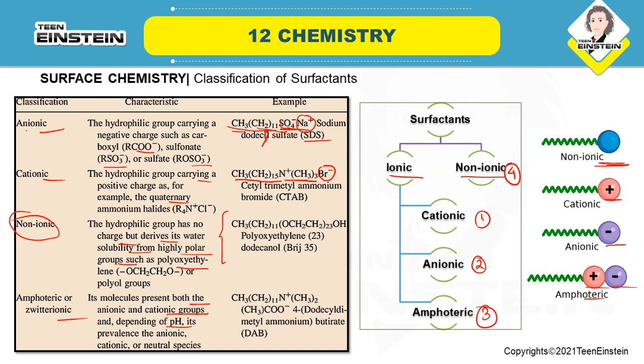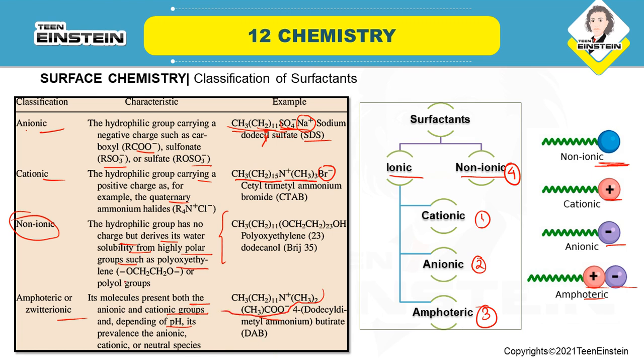Suppose the pH is towards the basic side; obviously the acidic part will be neutralized, and the basic part, that is the anionic part, will prevail, and vice versa. Here we have an example: CH3CH2 N+ Me2, and there is another part which is CH3COO-. After that the name is started, DAB in short.